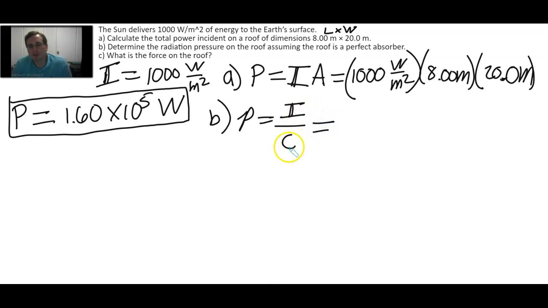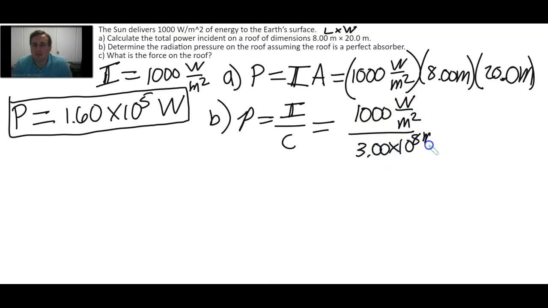So watts per meter squared divided by meters per second should give newtons per meter squared, which is pascals, which is pressure. So that intensity was 1,000 watts per meter squared divided by 3.00 times 10 to the 8th meters per second.